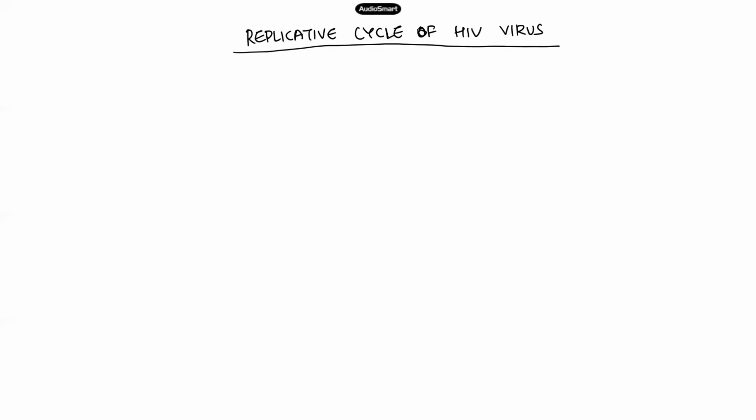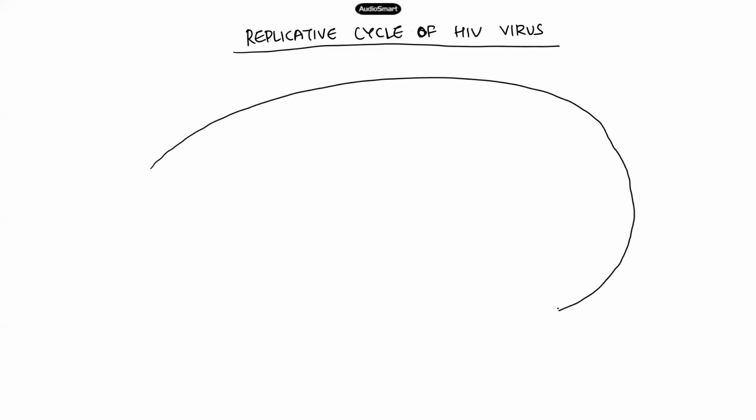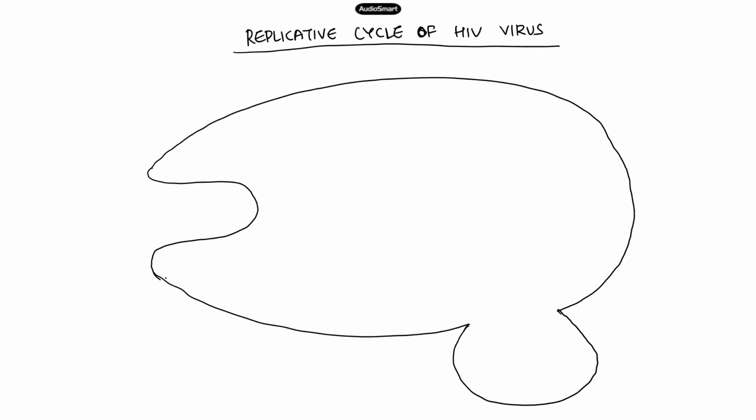So let me first draw a cell. This is the place where the release of virions takes place. And then we have the process of endocytosis, right? It's not that great, right?